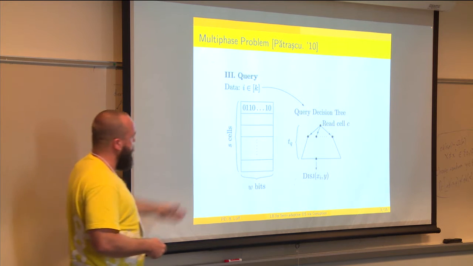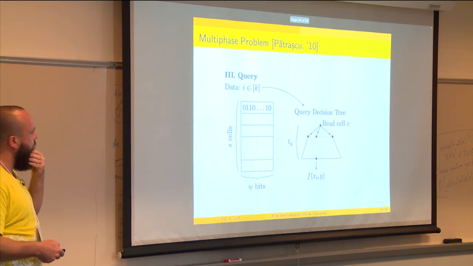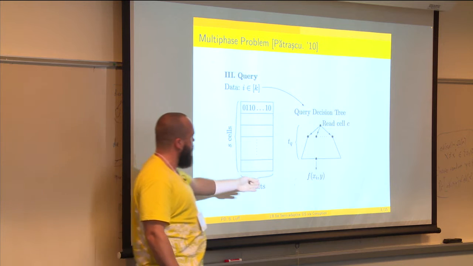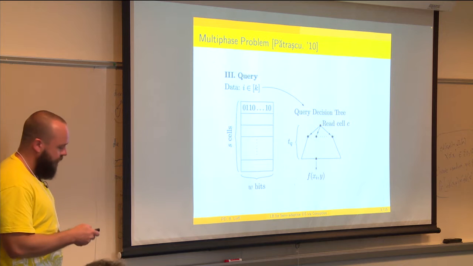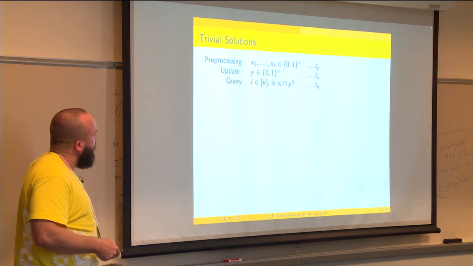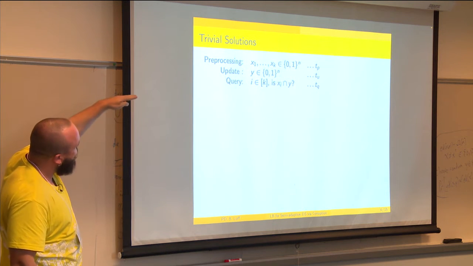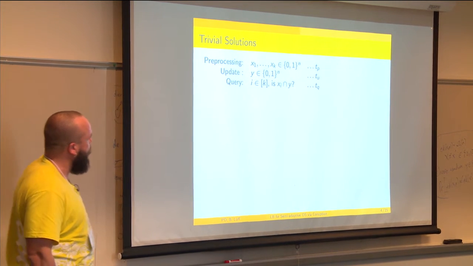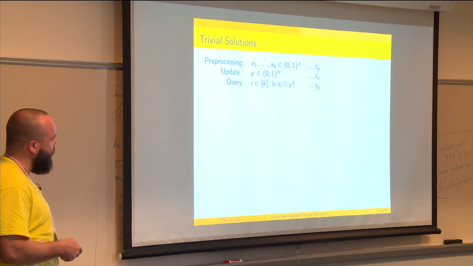Our query time is the depth of this query decision tree. Of course, we can generalize this problem so that at the end we don't want to answer if the strings are disjoint, but some arbitrary function. Okay, so a summary of this problem once more. We preprocess k strings, then we have one update, and then we have the query, and we want to answer whether the strings x_i and y are disjoint or not.